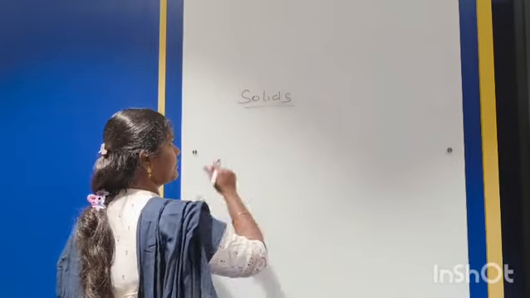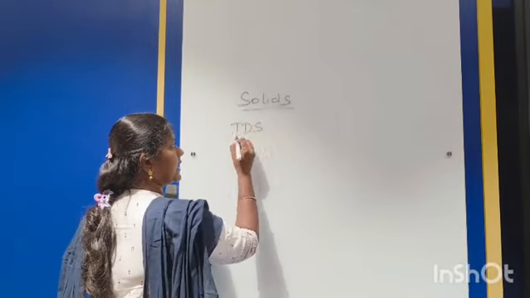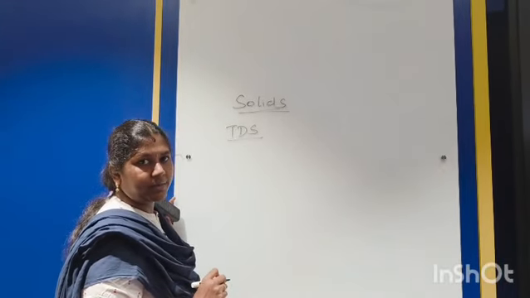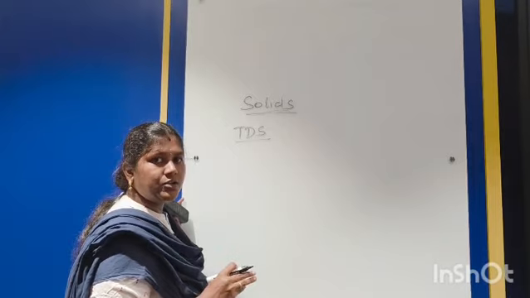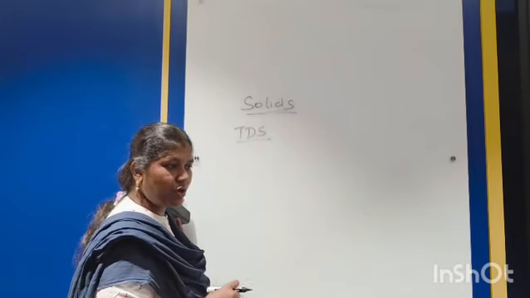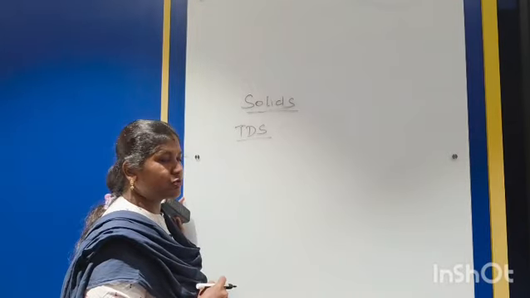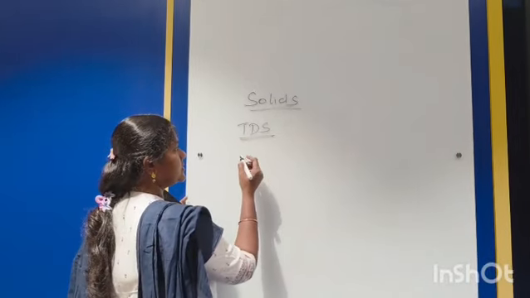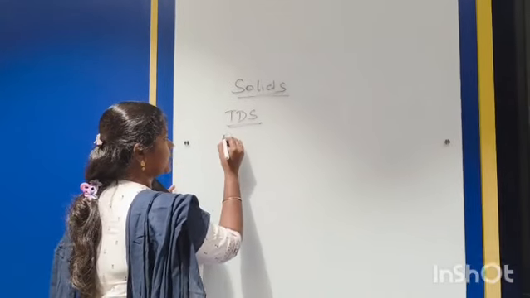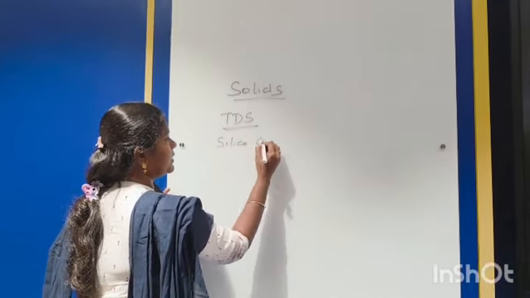Next, we are going to determine the dissolved solids of water, total dissolved solids, also using the same gravimetric method. We can call it TDS. It is the most important parameter in agriculture, drinking as well as construction purposes. If it is not within the allowable limit, we are not supposed to use it. So TDS, total dissolved solids, using the gravimetric method. The apparatus used here is also a silica crucible.